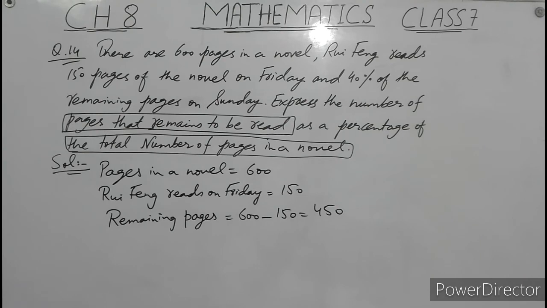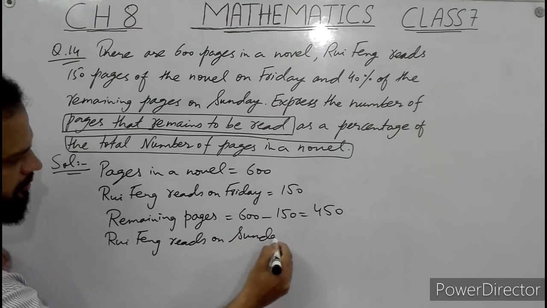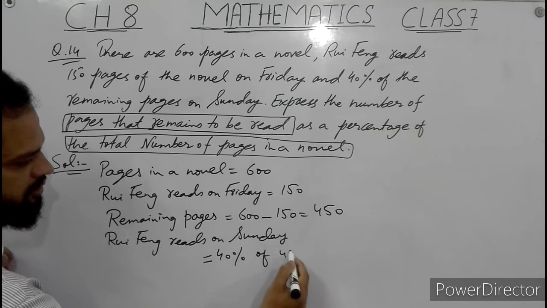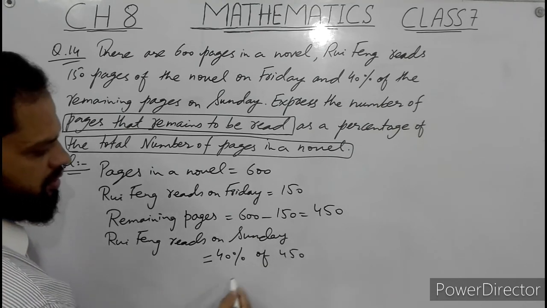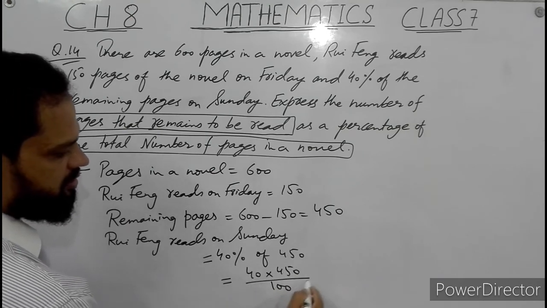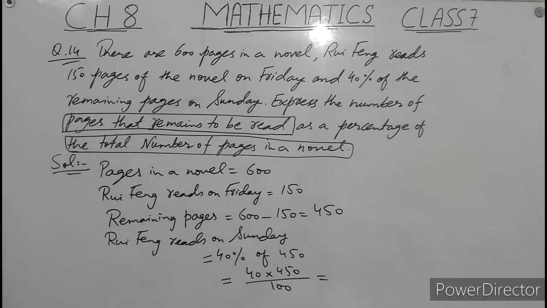Rui Feng reads on Sunday 40% of the remaining pages, which is 450. So it will become 40 multiplied by 450 over 100. By using calculator, we will get 180.